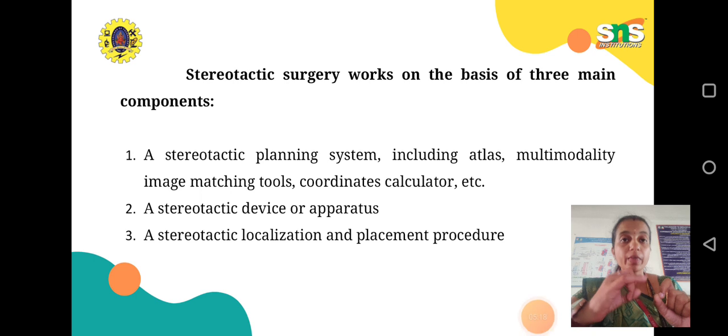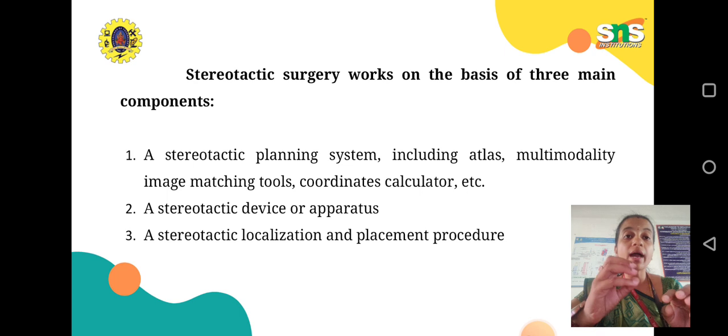First, a stereotactic planning system, which includes atlas, multimodality imaging, machine tools, coordinate calculators, etc.